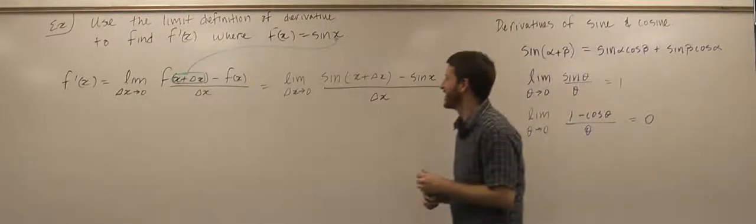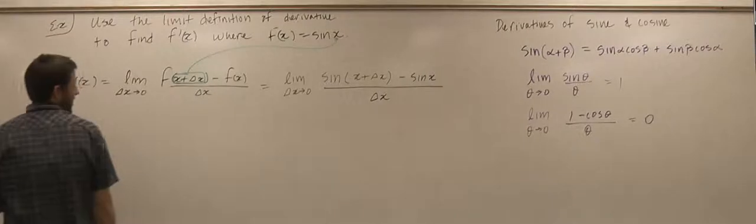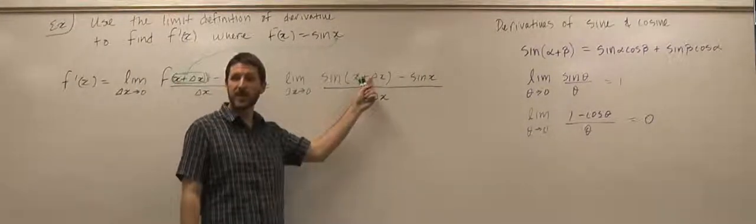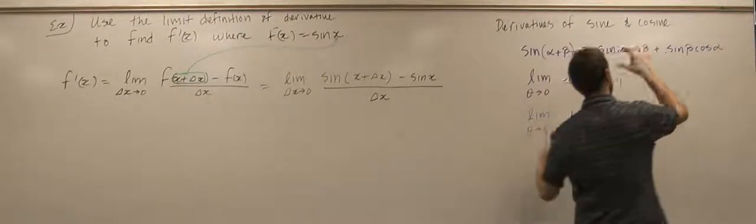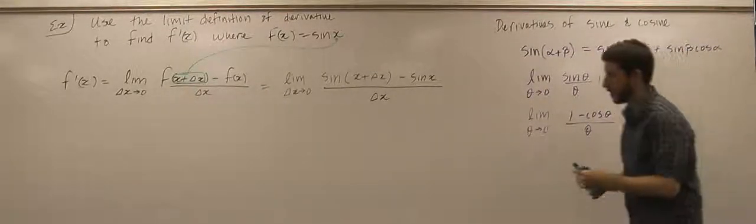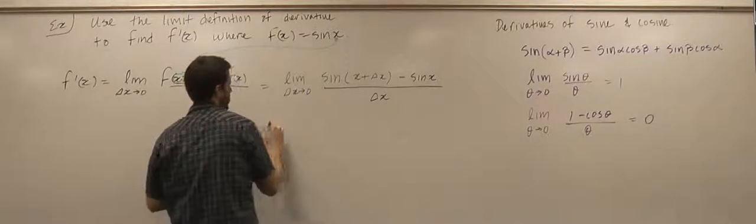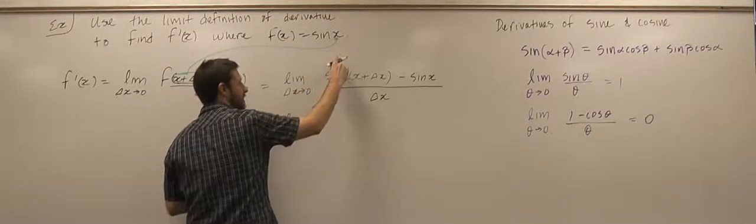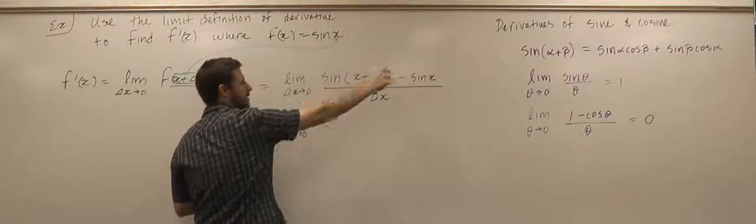Then we'll split it. This guy's going to get split up using this formula that I miraculously have over here for you. All right, this is limit delta x goes to 0. But instead of writing sine of x plus delta x, I'm going to break it up.